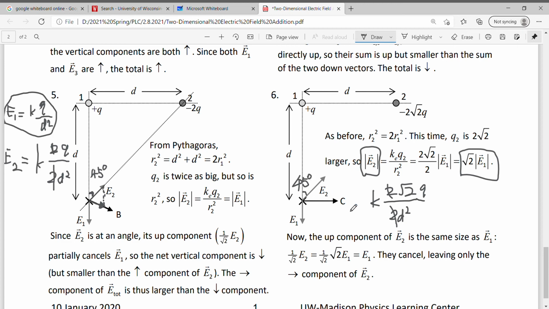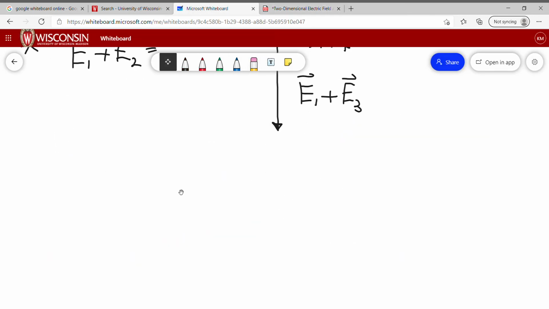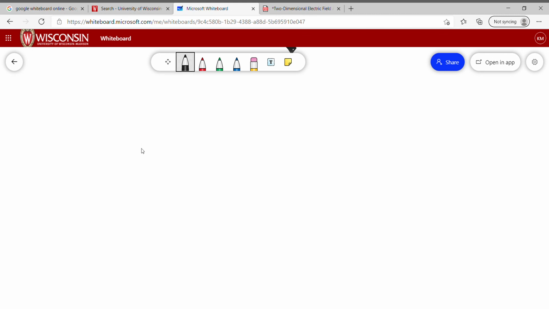Then the summation of E1 and E2. How do we know this? We have a vector straight down. This is E1.